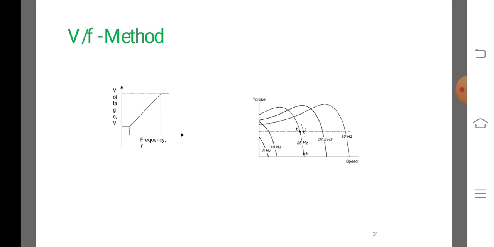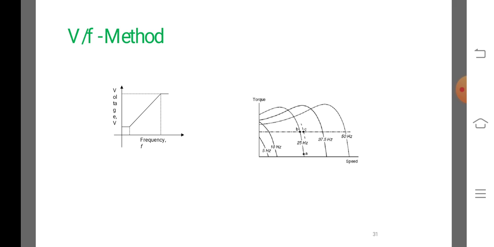I told that k is represented as a factor. That factor can have a value from 0 to 1. The frequency changes from 0 to rated frequency, the voltage changes from 0 to rated voltage. So k changes from 0 to 1.